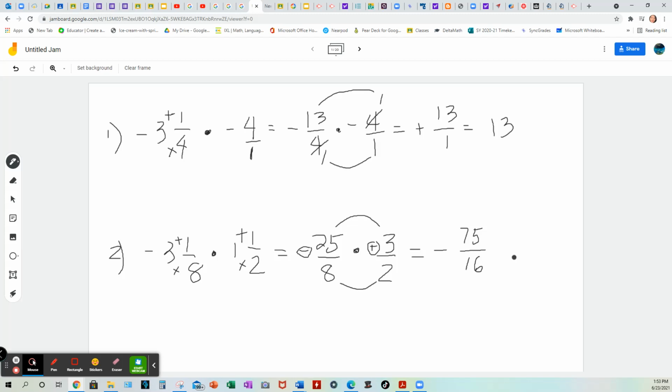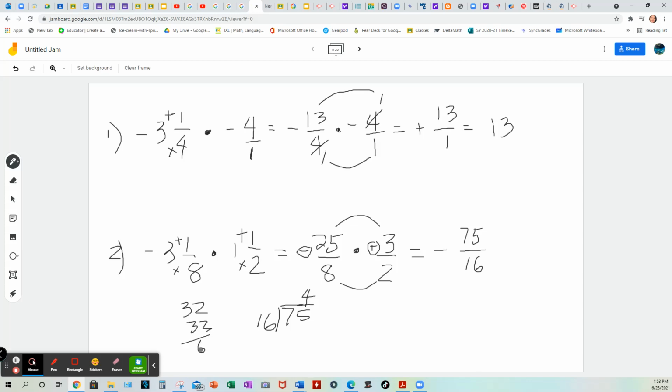We can change our answer into a mixed number. So when we divide 75 by 16, how many groups of 16 are there in 75? So maybe we can have 4. All right, so let's double. Double of 16 is 32. That means 2 times. And we double 32 again.